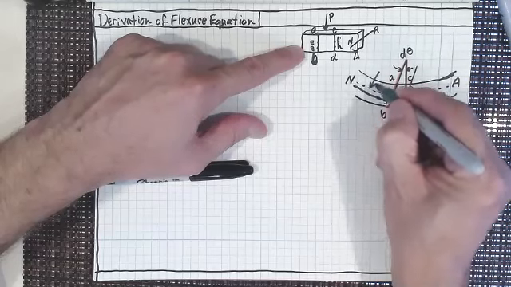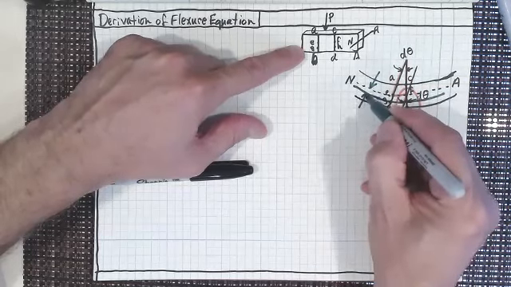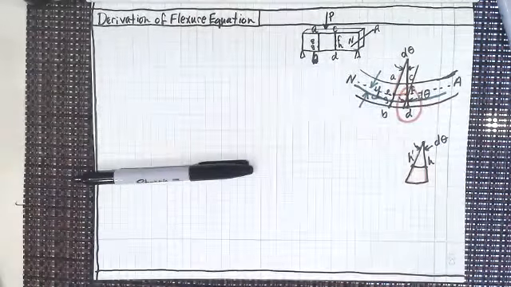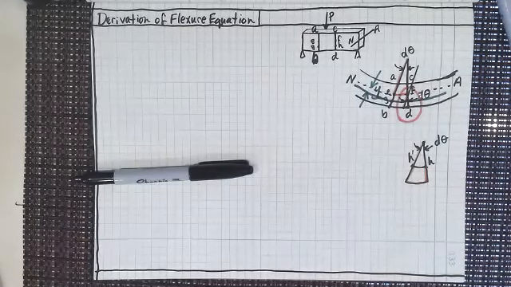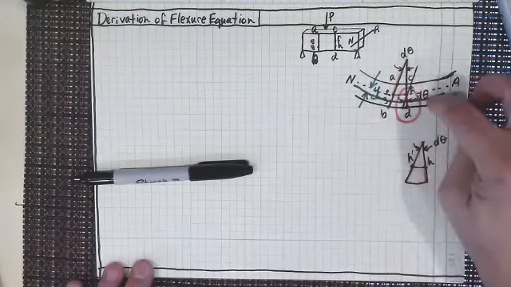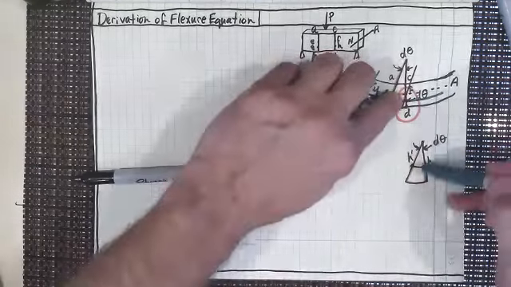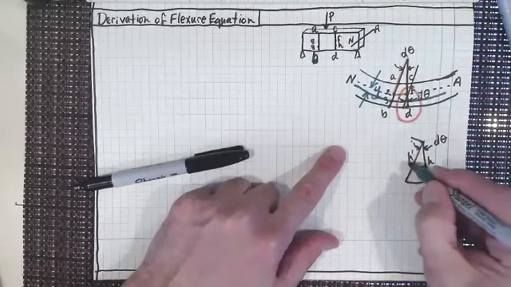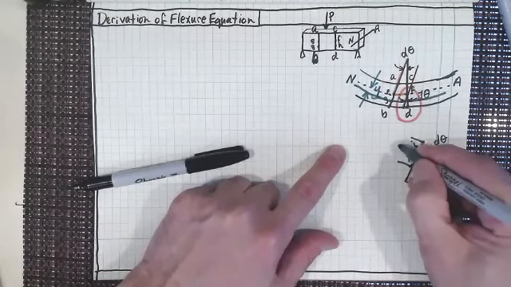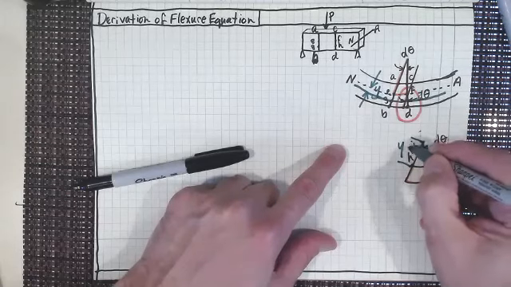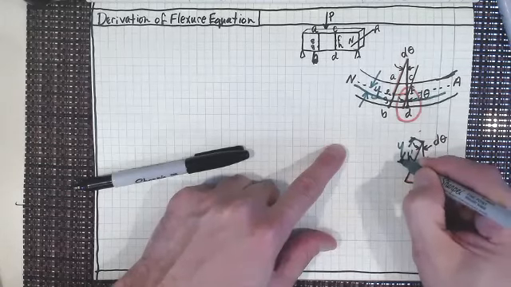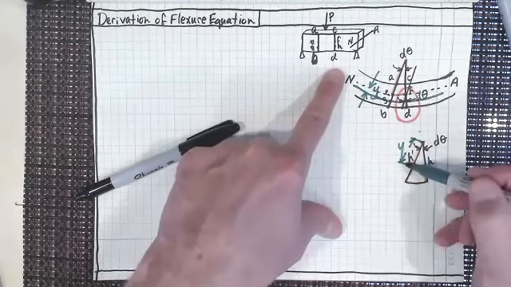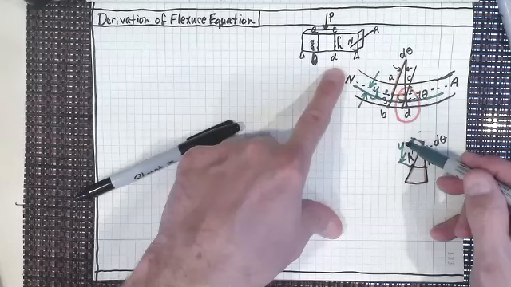GH is separated from the neutral axis by a distance of y. Does everyone see that y? That distance between here and there is y. And if I look on here, wouldn't this distance also be y? So that distance from whatever the neutral axis is down to here is y.